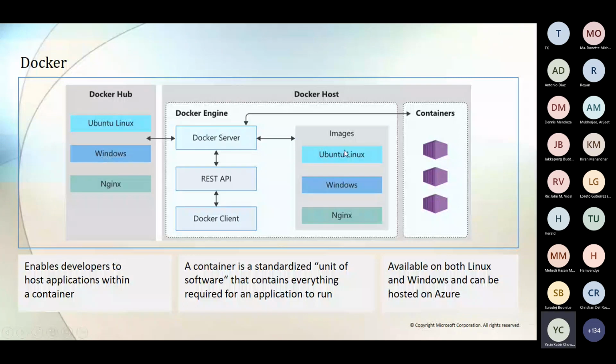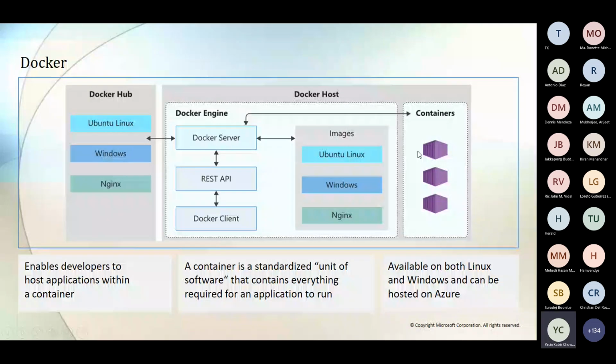Which image you need, we call with the REST API, and the Docker client also takes the images from the REST API. And the containers are here. This container is supported by Ubuntu Linux, Windows, or Nginx. Whatever is needed, they take from the images here.